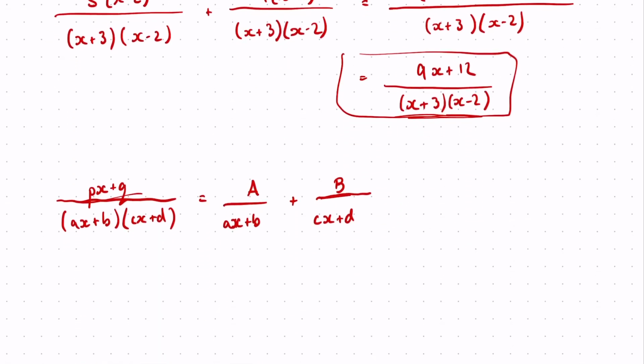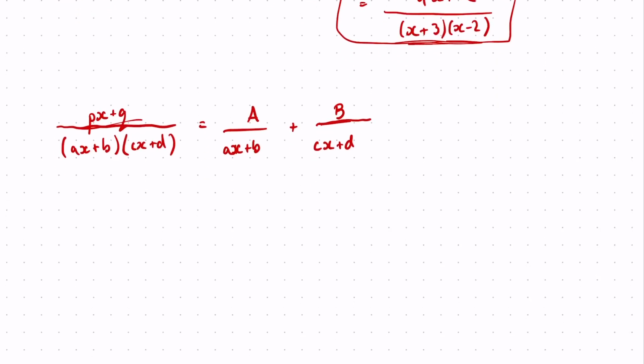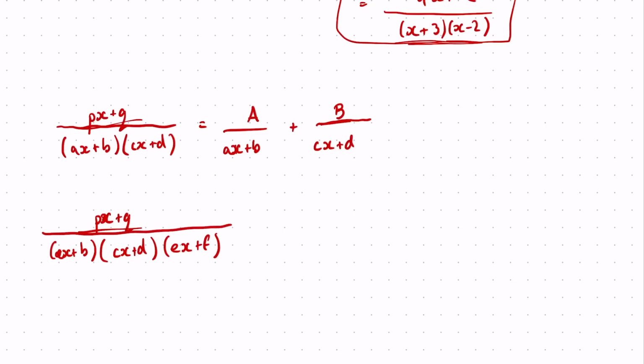If I was to include an extra bracket on here, such as if I had px plus q over ax plus b, cx plus d, and ex plus f, then I can just expand this to become A over ax plus b plus B over cx plus d plus C over ex plus f, and so on and so forth.